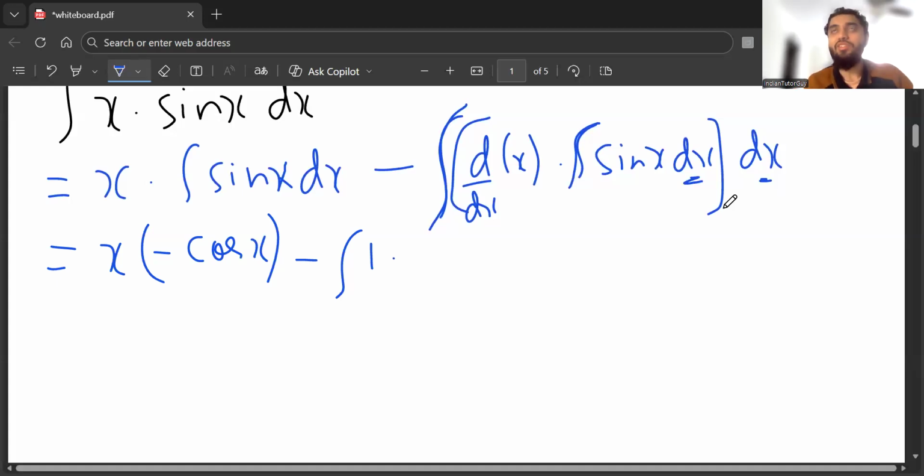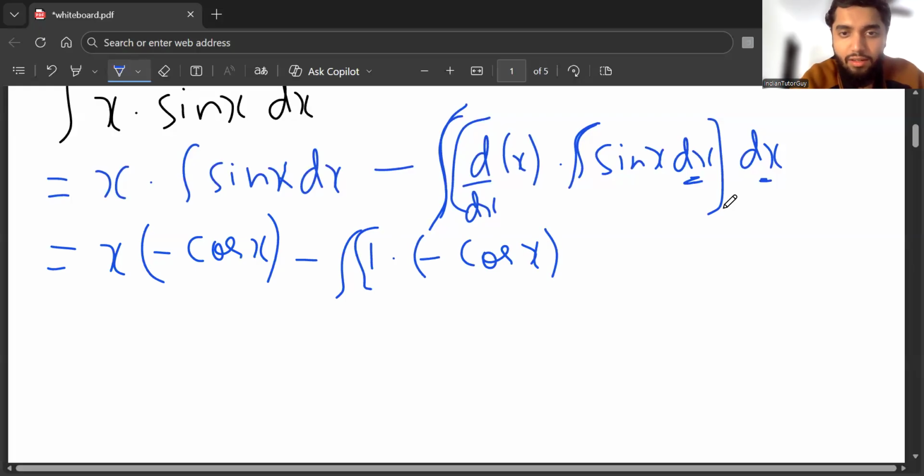Integral of sine of x: the derivative of cosine is negative sine, so the integral of sine would be negative cosine of x. I just brought down the brackets from before to make sure we know what we did there. dx, that's that one.